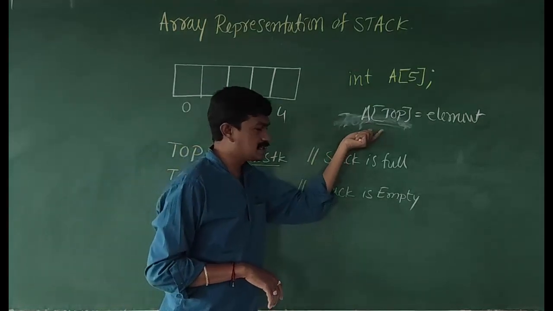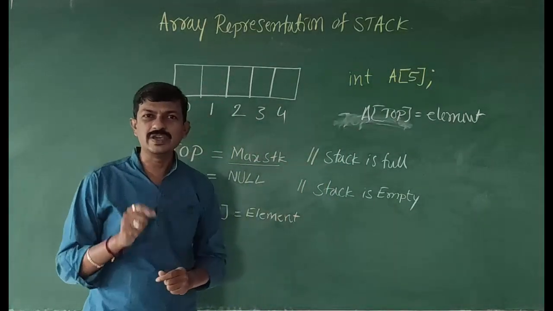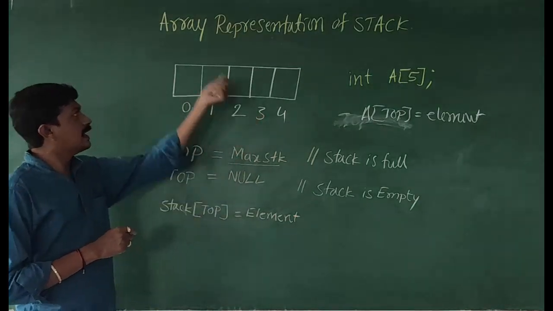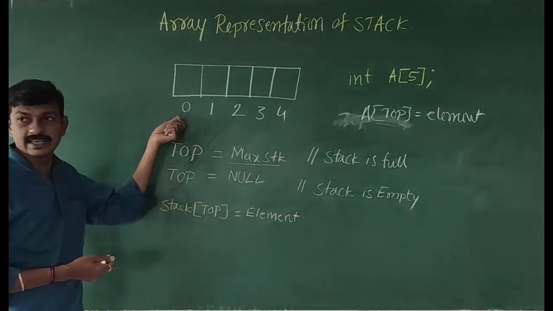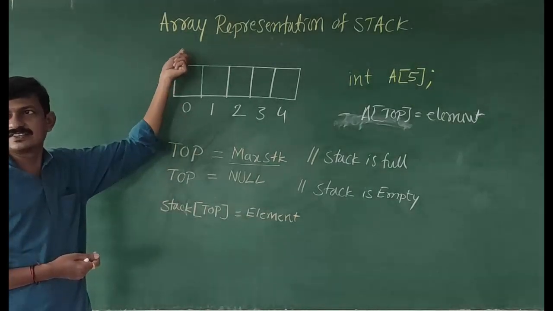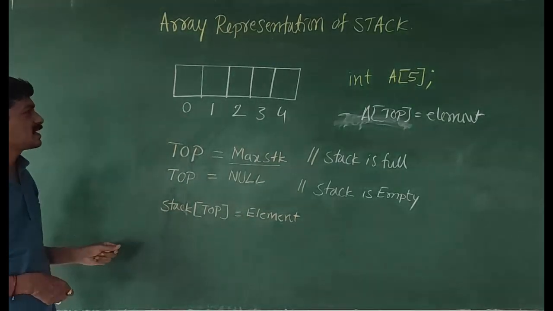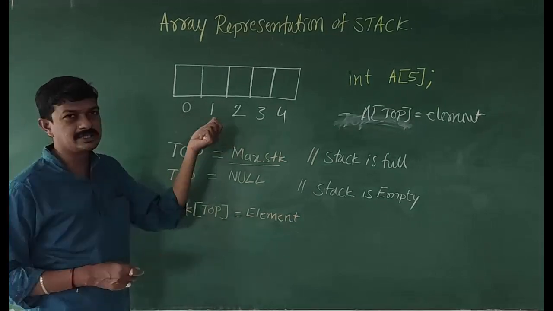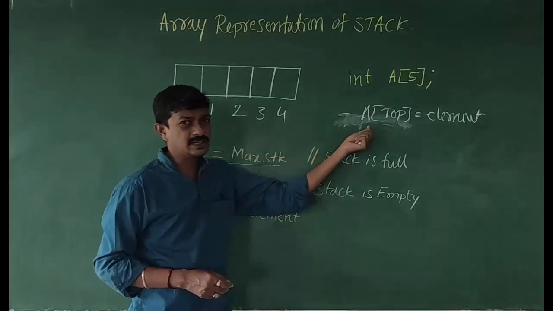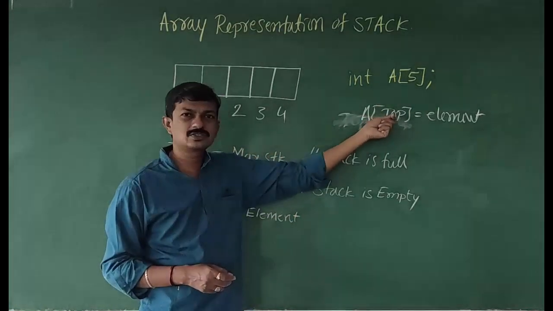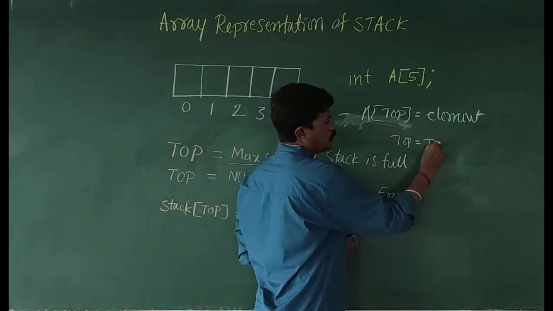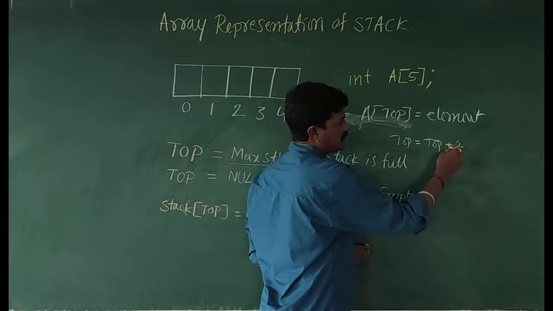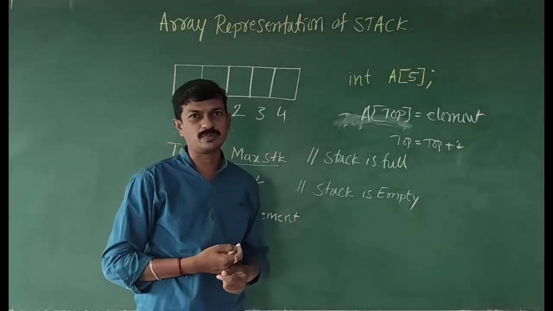If we achieve this, then it is nothing but we represented the array as a stack data structure. Simple. If you want to insert an element into the stack, first increment the top pointer value, simply top equal to top plus 1. It is how we are going to increase the top pointer value.